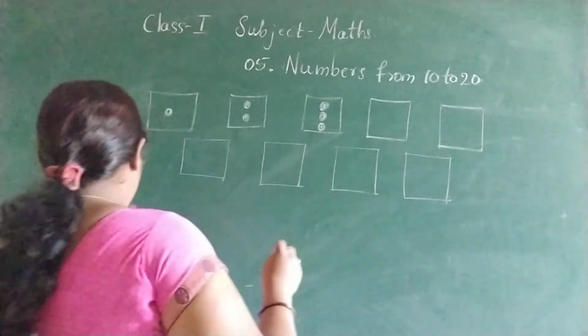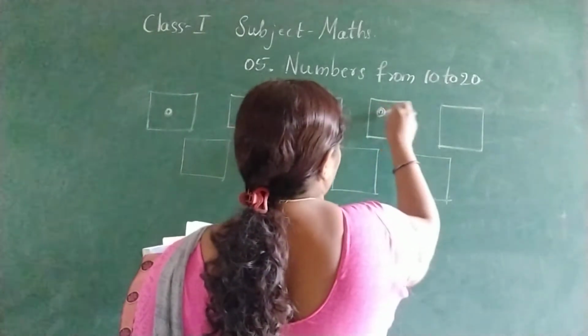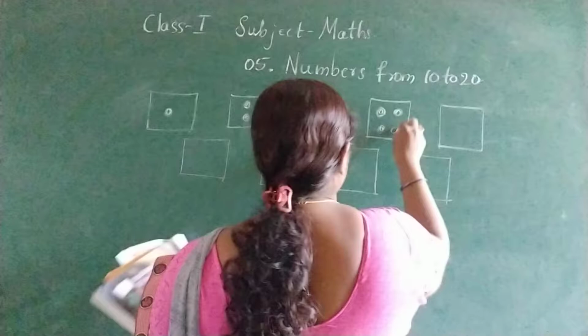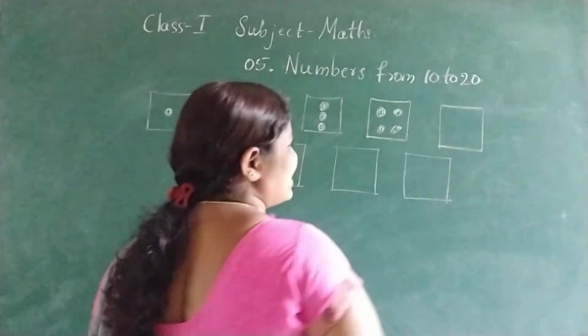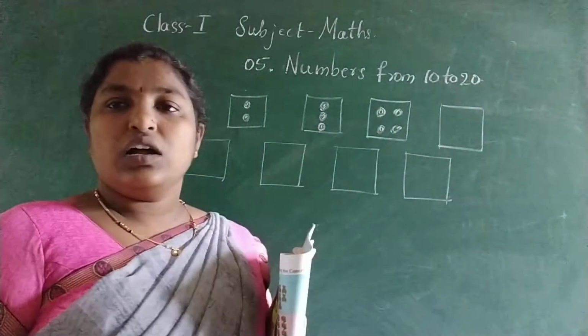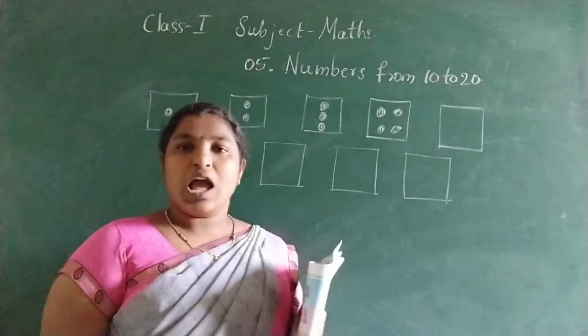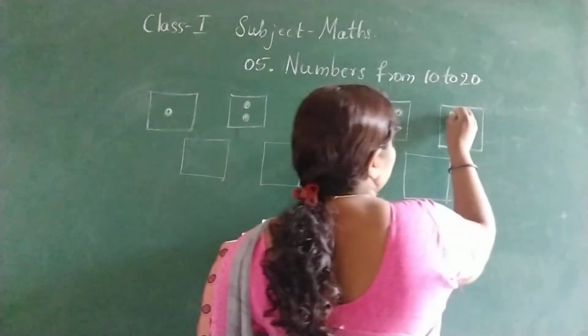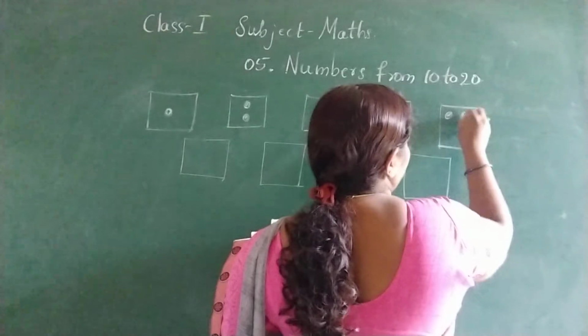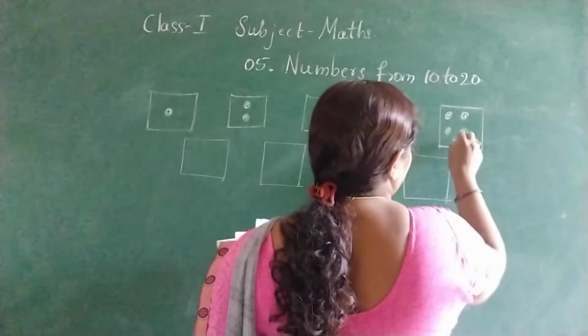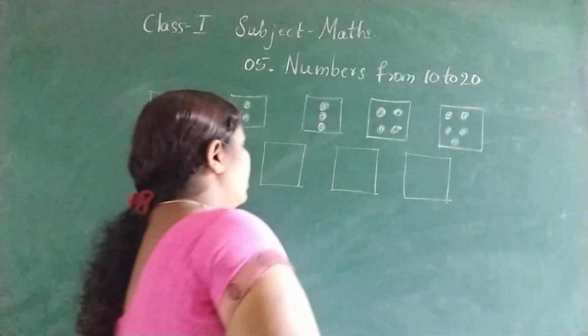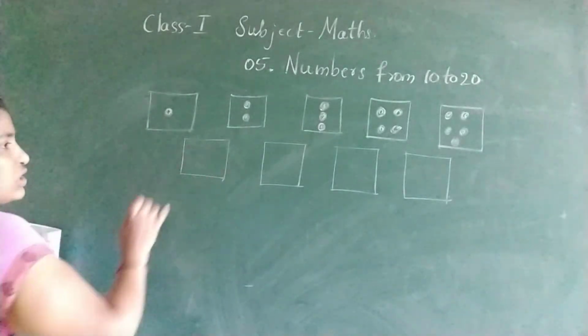Then 4, they have given it. Next, the box is empty. How many dots should we draw in this? After 4, 5, so we should draw 5 dots. Next, this box is empty.